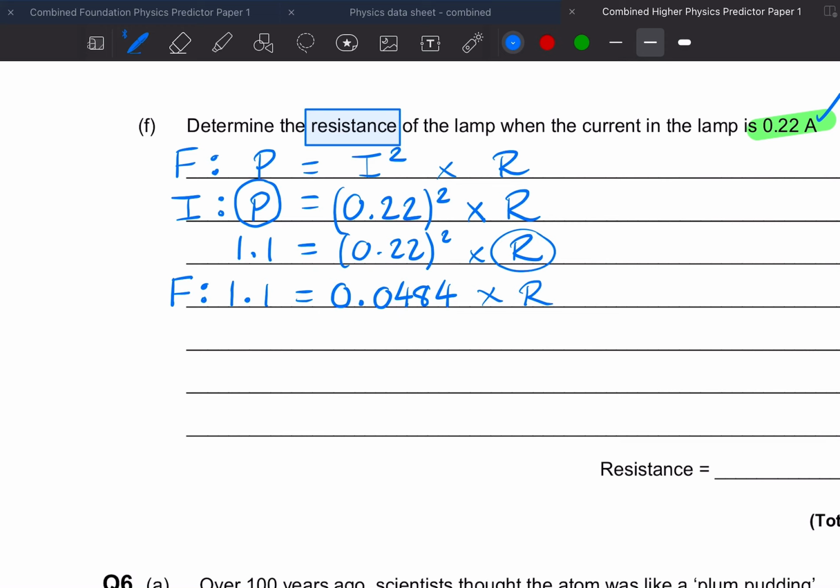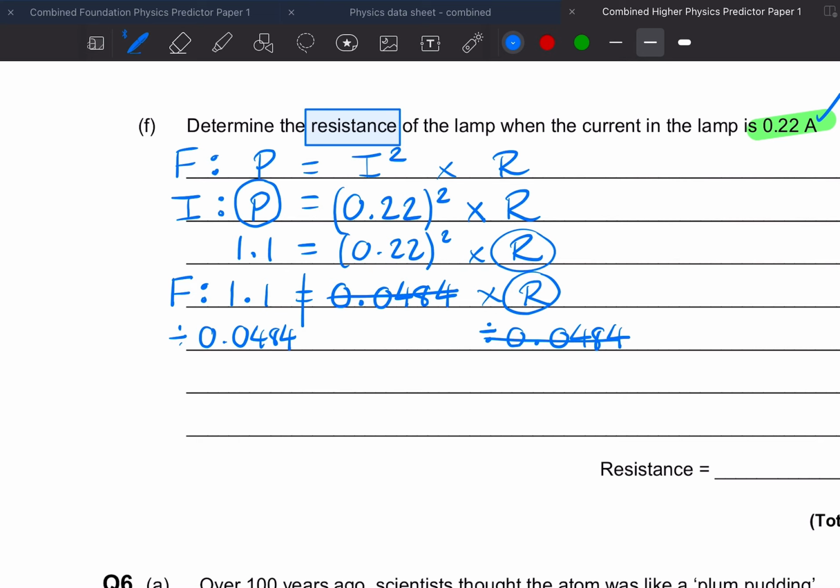So that's the first stage of my fine tuning. Now it's a little bit easier to rearrange. R needs to be the subject, so we're going to do the opposite function that's happening to R. We're going to divide this side by 0.0484, and when we do that, it's times by and divided by 0.0484, so that would cancel to 1, so we'd end up with 1 times by R, but 1 times by R is just R. And if we've done it to that side of the equal sign, we've got to do it to the other side, so we divide 1.1 by 0.0484.